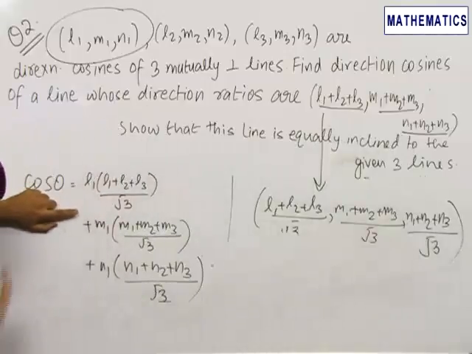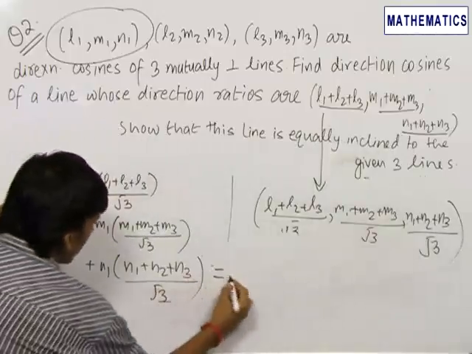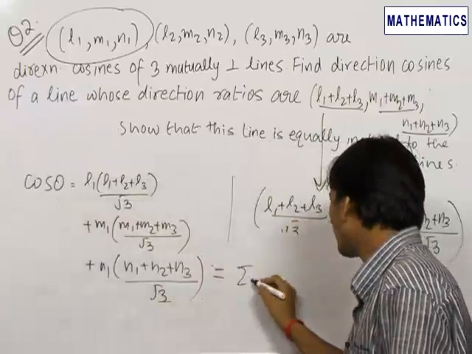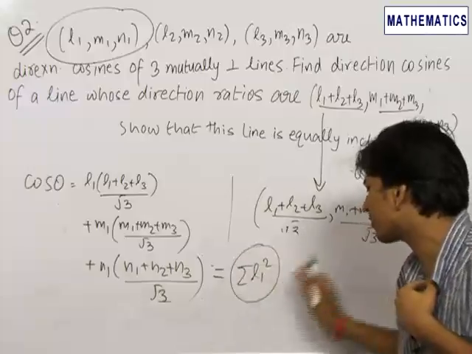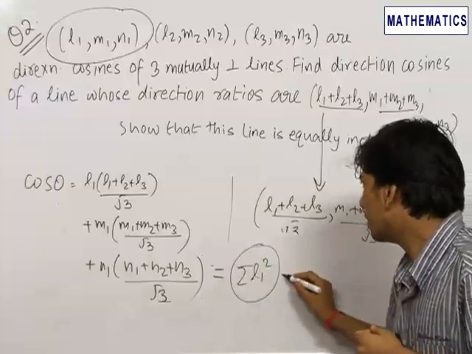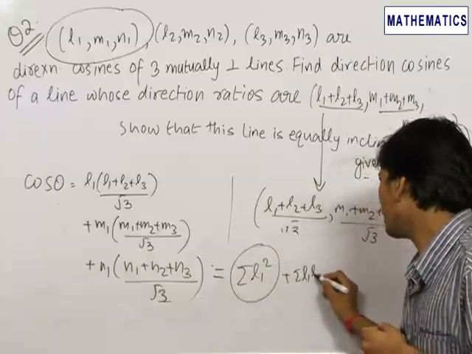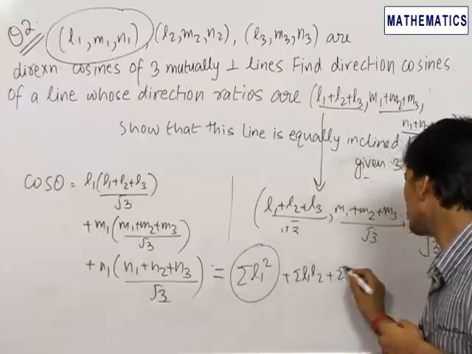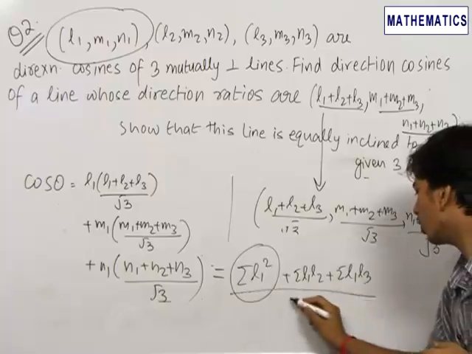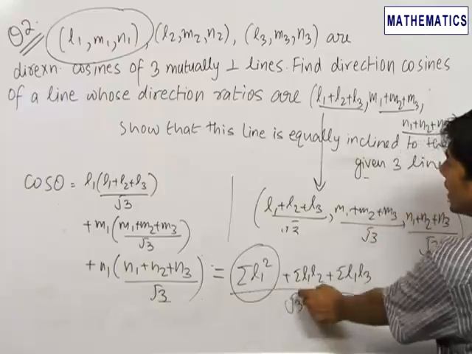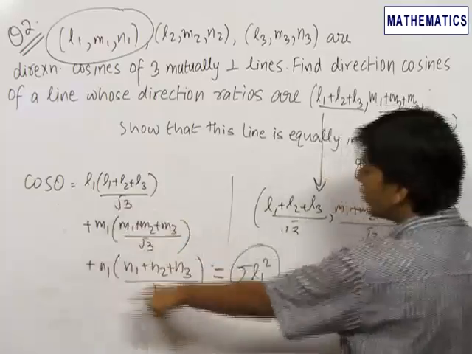This equation can be seen as summation of L1 square, that is L1 square plus M1 square plus N1 square, represented by summation L1 square, plus summation L1 L2 plus summation L1 L3, upon root 3. Summation L1 L2 means L1 L2 plus M1 M2 plus N1 N2.